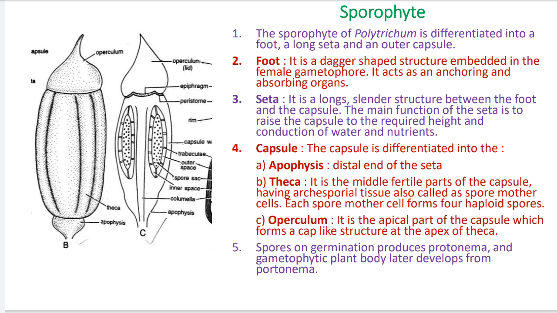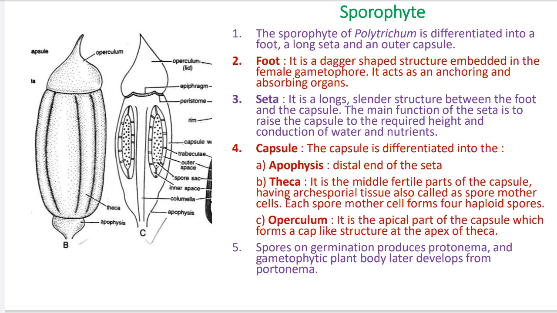One function of the seta is to provide water and nutrients from the food to the capsule, and another function is to put the capsule above the plant body for easy dispersion of the spores. Okay. Number 4, the capsule. It is commonly called the sporangium, because the sporangium's function is the production of spores, and the capsule's function is the same, production of spores.